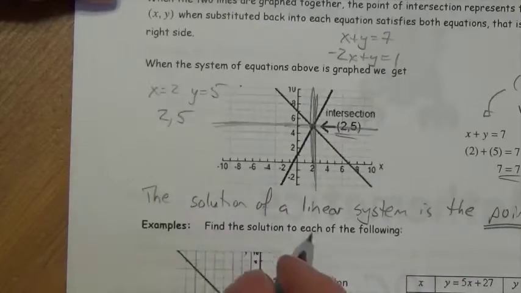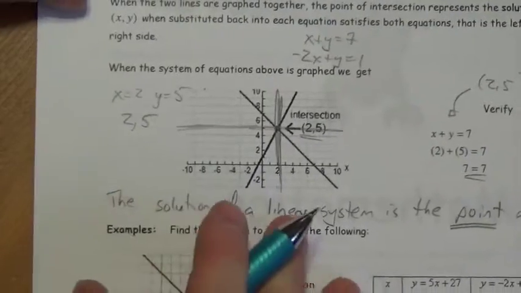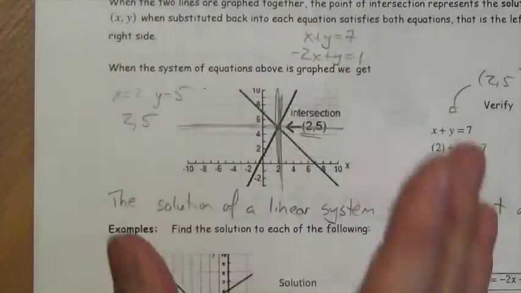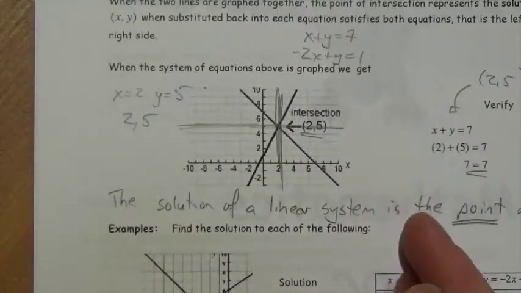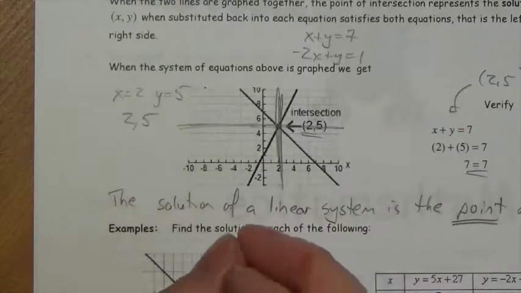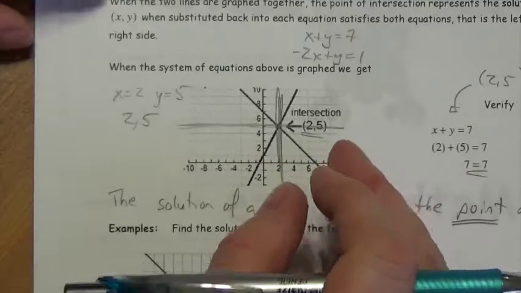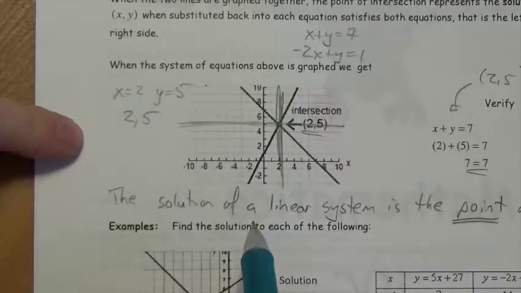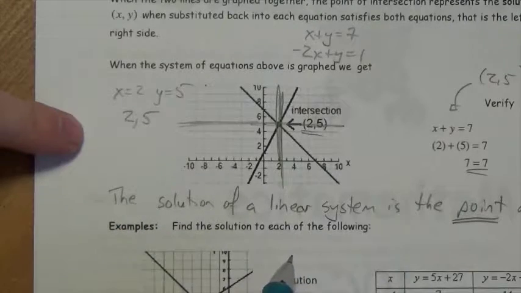I have all sorts of students that have done this in the past, and it's something that we really got to clarify here. There is a beauty to the way math is communicated. The symbols mean things, and if you have an absence of a symbol, that typically means something too. If you don't put the parentheses here, this is just a list of numbers, just the numbers 2 and 5.